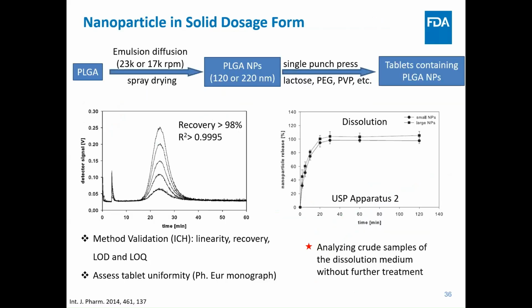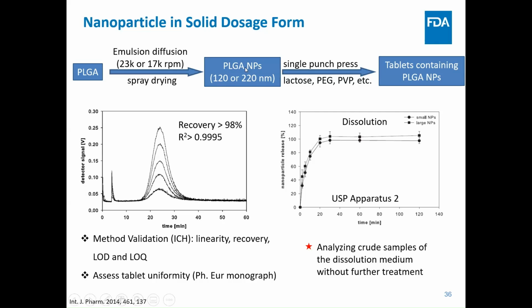So the last example I want to show you is the analysis of solid dosage form. In most conditions, of course, we cannot directly analyze a solid tablet by using AF4 in situ, but we can use AF4 to study the components of a solid dosage form.